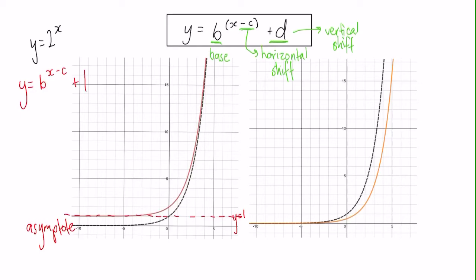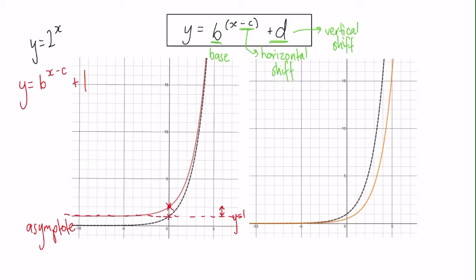So the asymptote's really important. I've looked at that. Now I need to look at the point that is 1 above that asymptote. So looking along that line, here it is. That point there is 1 above the asymptote. Usually on my black original y equals 2 to the power of x, that point was here at 0, 1.